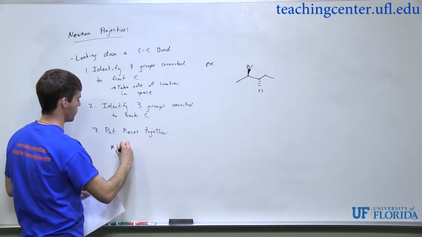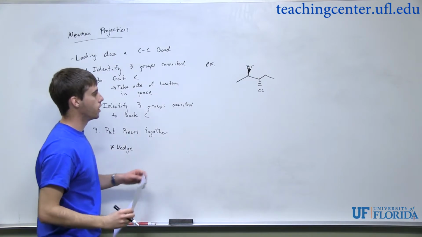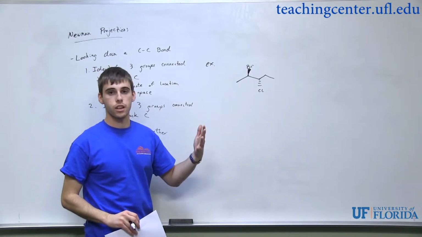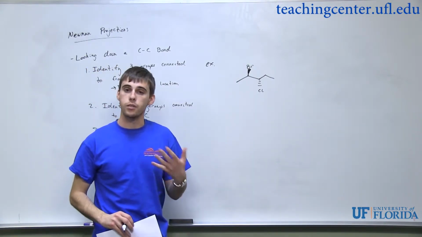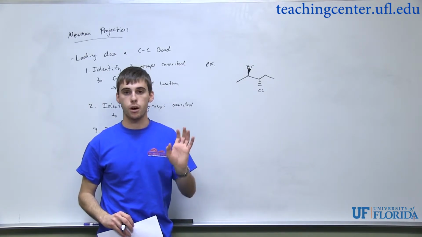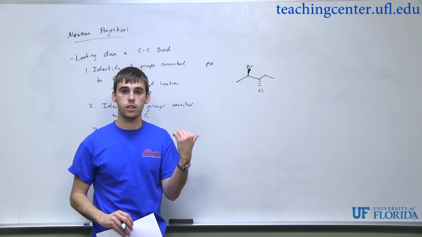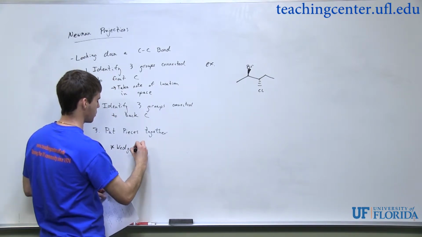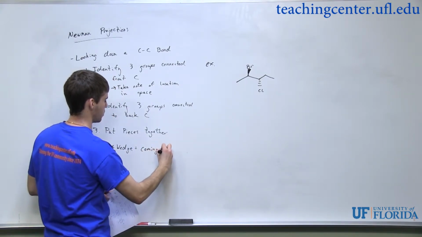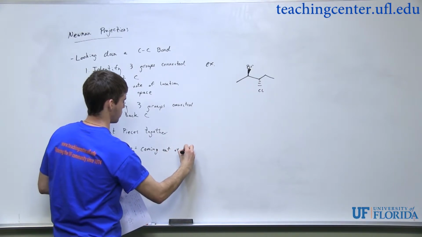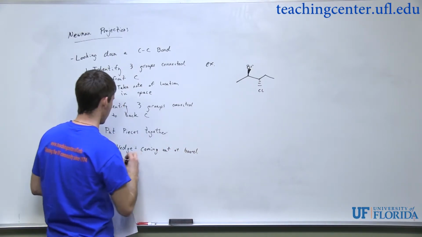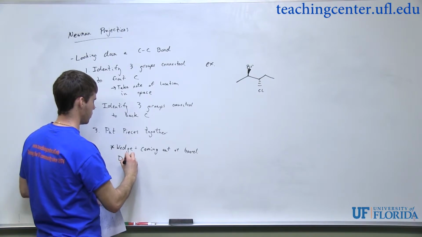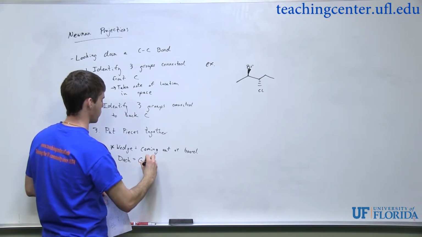We can either have a wedge or a dash to indicate the stereochemistry, to show if the substituent is coming out of the page or going into the page. So the wedge is coming out of the board, and the dash is going into the board.